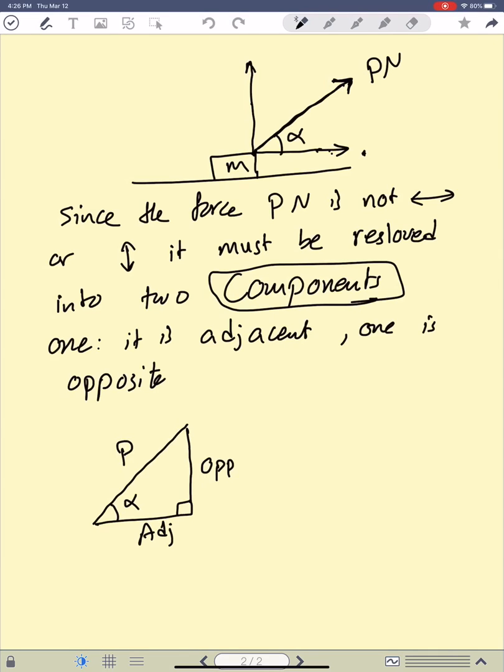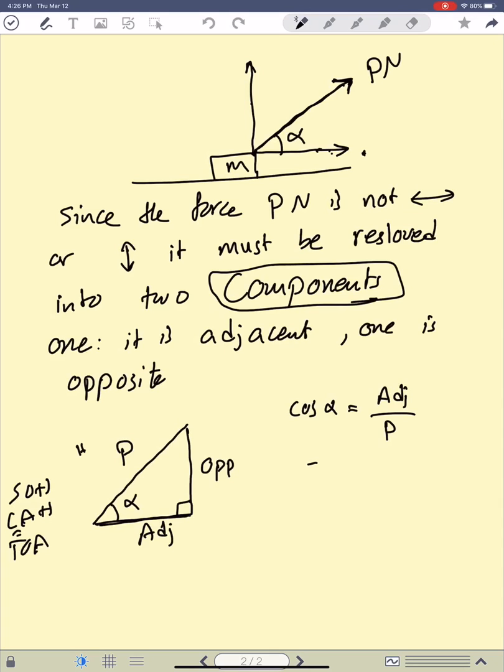If we write for this side, cosine alpha is equal to the adjacent over P, adjacent over hypotenuse. You remember SOHCAHTOA? All of us remember SOHCAHTOA. C for cosine, adjacent.